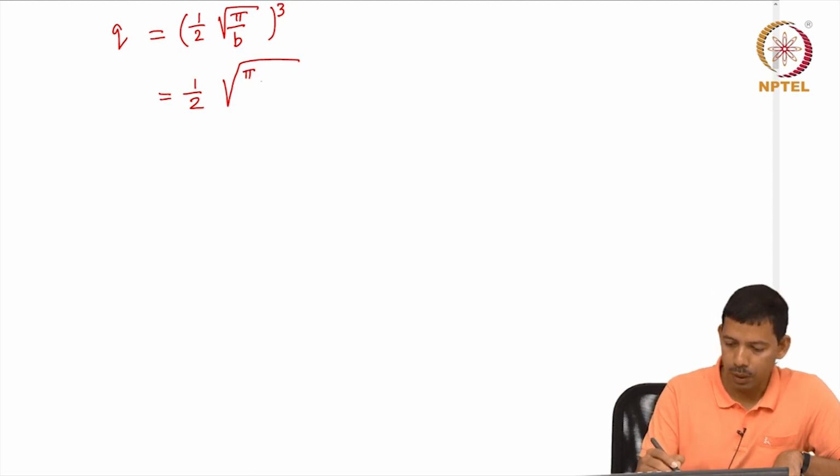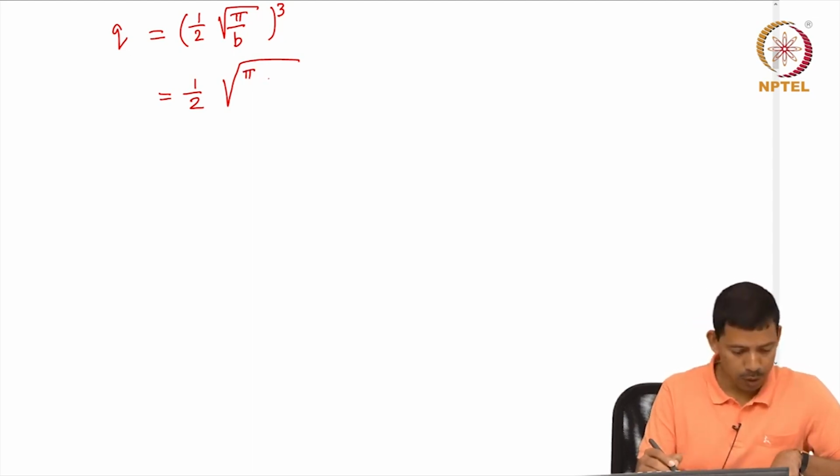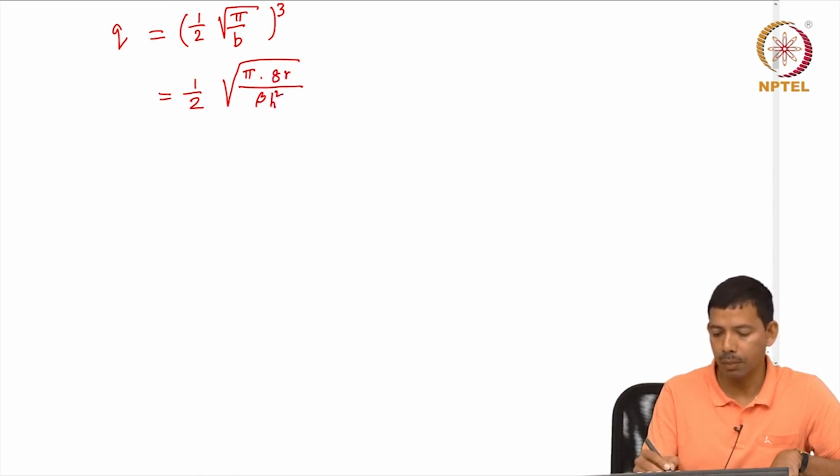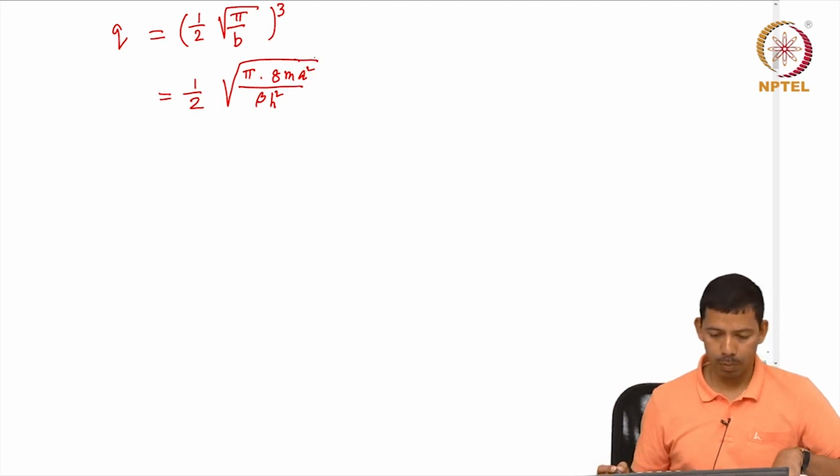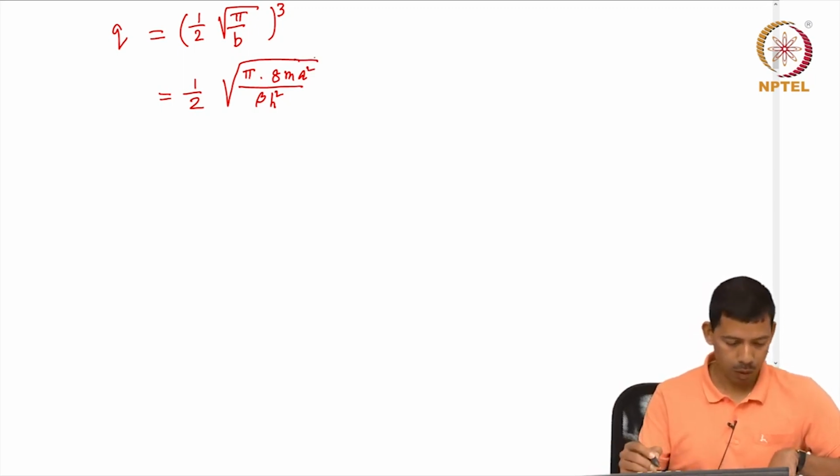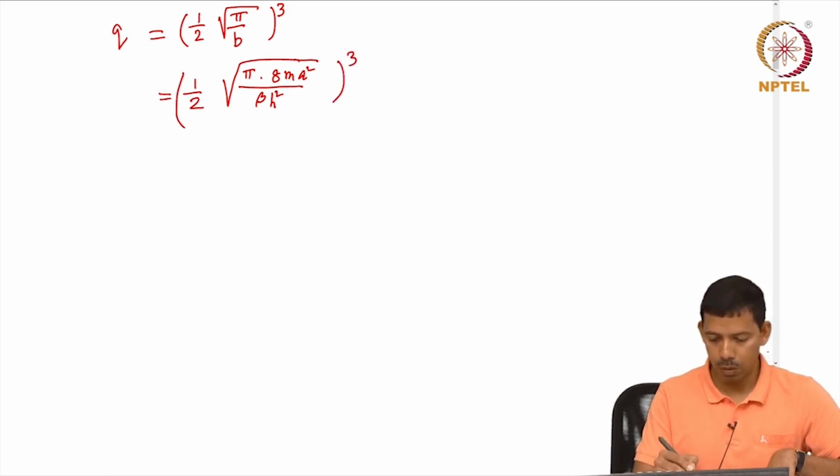Since b is in the denominator, it becomes 8 m a square divided by beta h square. We have put back the beta and to the power 3. So this is our q.